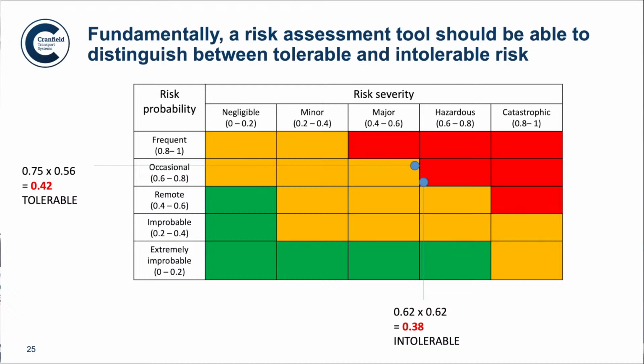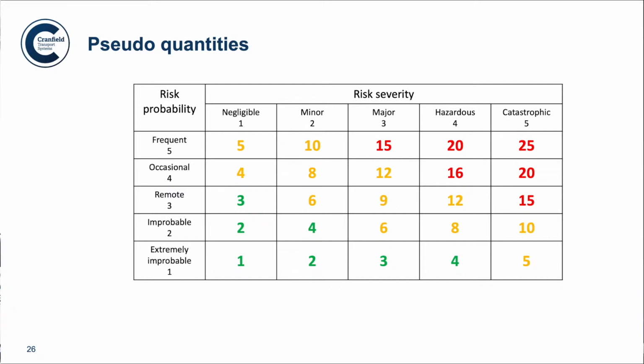You've probably all seen risk matrices like this, where we have not only the color-coded blocks of green, amber and red, but we also have the numerical values in there. So we have a frequent and major risk scores 15 there, so it becomes 3 times 5, and then we have catastrophic and frequent being 25, a score of 25.